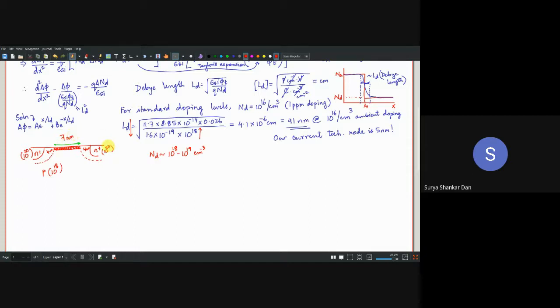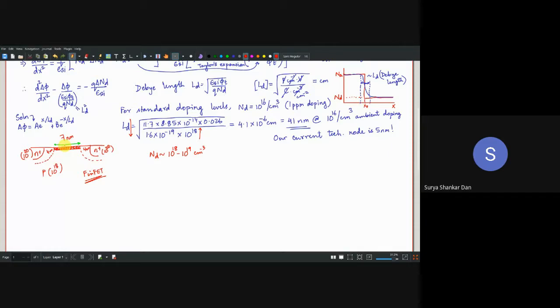But the problem is, this is one way of tackling the issue with the Debye length. But remember that you are anyway going to lose the gate control. So we have to use 3D architecture. That's why it is called FinFET technology, 3D FinFETs. Okay, so what I'm showing you is a standard conventional MOSFET design.